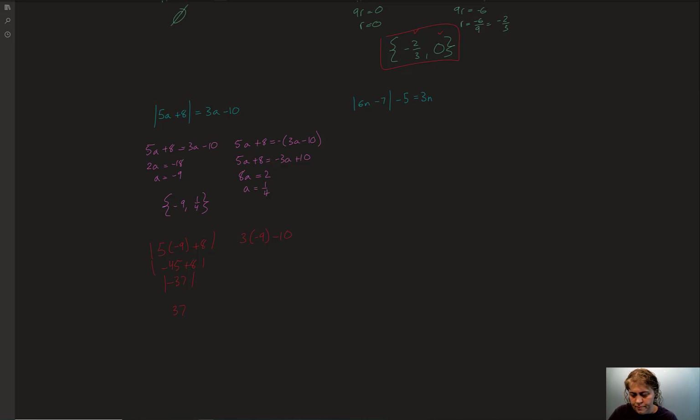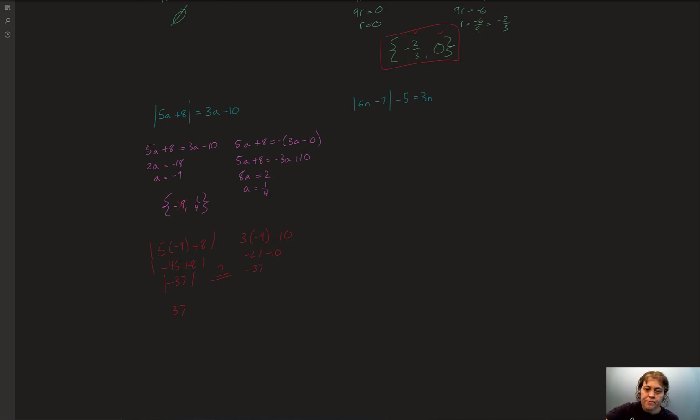Hold up. 3 times negative 9 is negative 27 minus 10, which is negative 37. Is negative 37 the same thing as positive 37? No. This is an absolute value equals a negative number? Nope. So this guy actually doesn't work.